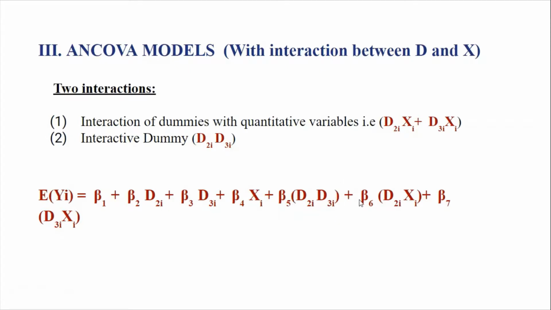Then beta 6 d2i xi, which is the interaction of the first dummy variable with the quantitative variable, plus beta 7 d3i xi, which represents the interaction of the second dummy variable with the quantitative variable. So this would be your regression equation in this case.